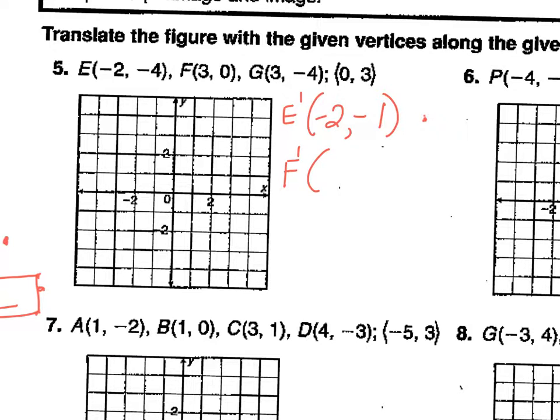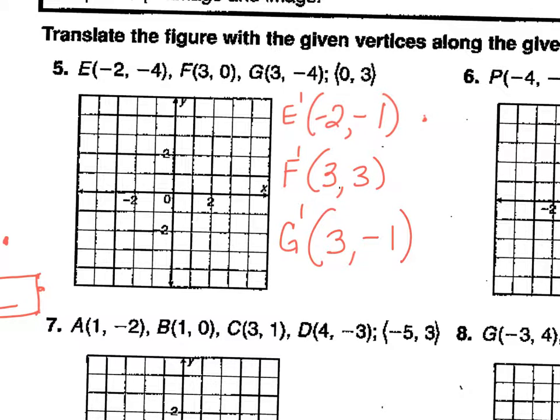Well, let's add 0 to the 3 is just 3, and 3 added to the 0, that would be 3. Now G prime, I'm going to go ahead and add 0 to the 3, that would be 3, and I add 3 to the negative 4, and that is negative 1. Perfect.